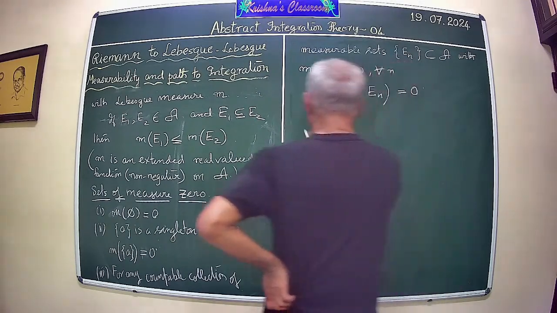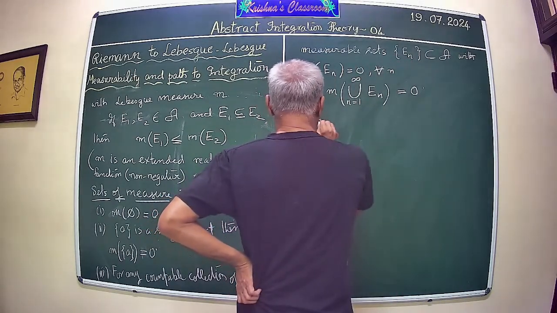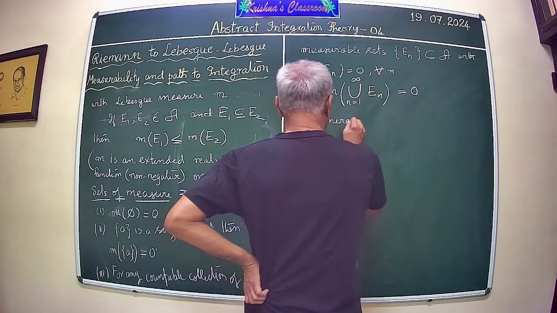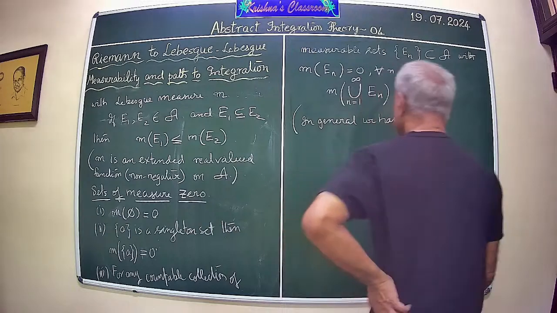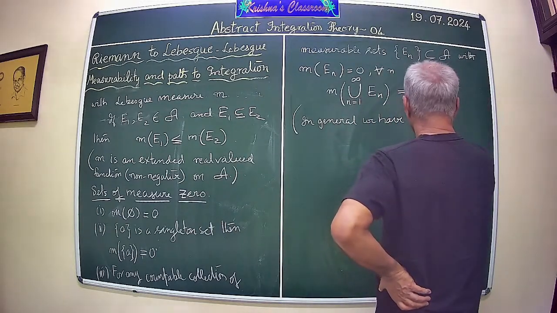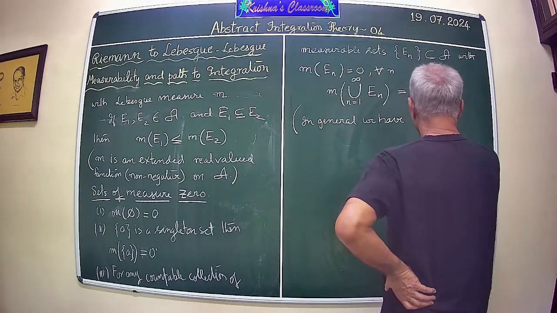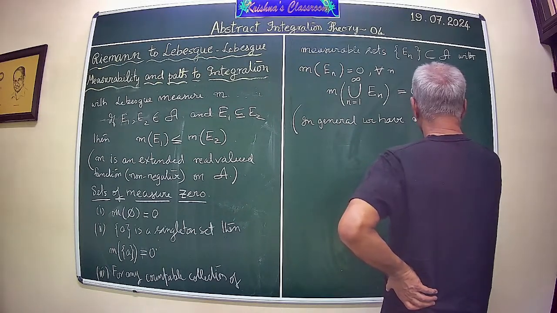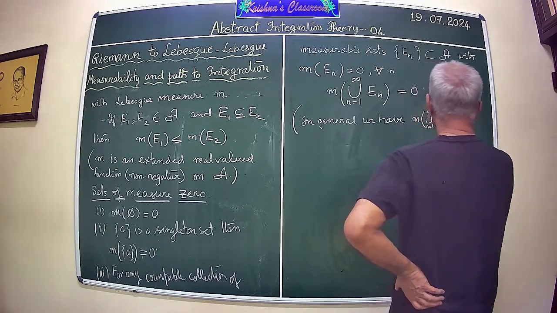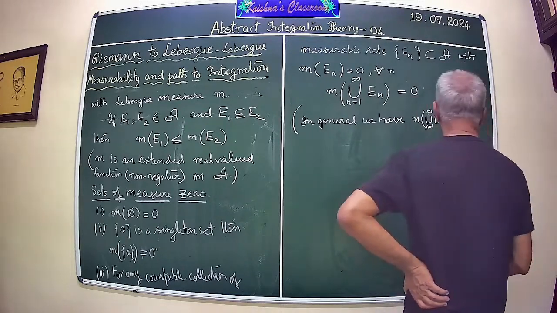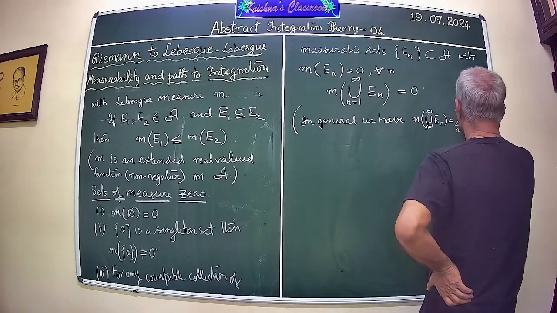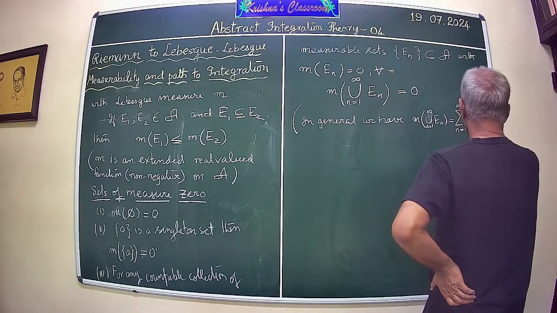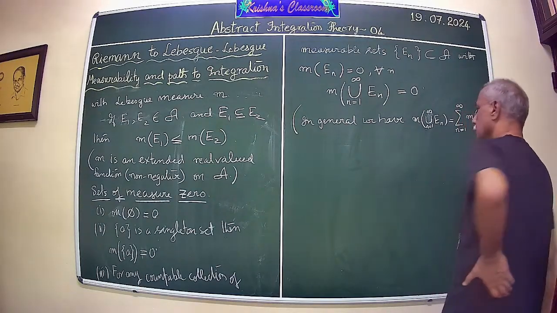In fact, what we have in general is, this is what I said, countable additivity, measure of the union is equal to the sum, so that proves it.